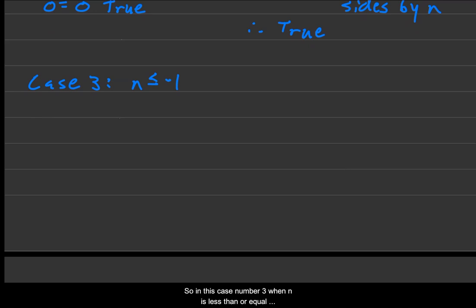In case number 3, when n is less than or equal to negative 1, that means that anytime you have a value here, it's going to be a negative value. Anytime you have two negative values being multiplied together, which is your n squared, the result will be greater than or equal to 0.